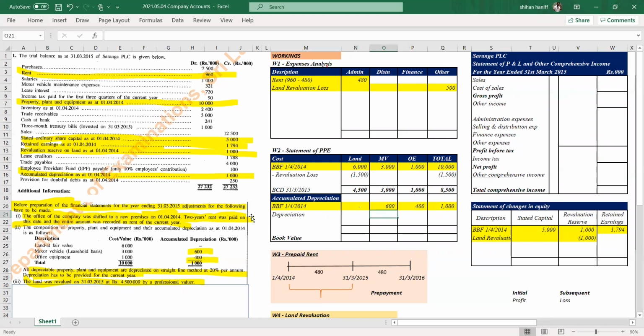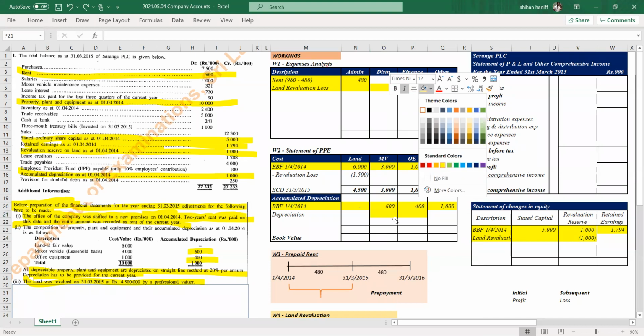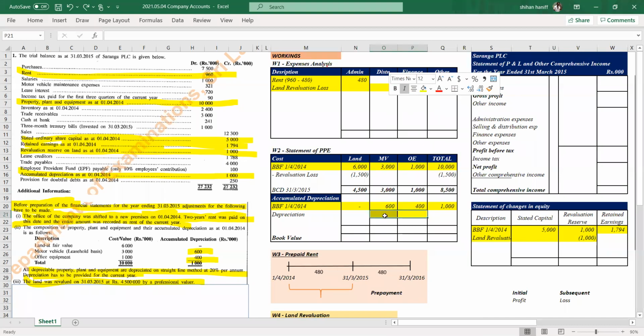This is current year depreciation. We don't depreciate land, but we have to depreciate motor vehicle and office equipment. Can you all tell me how much is motor vehicle depreciation and how much is office equipment depreciation? So let's take 20%. Land we don't depreciate.